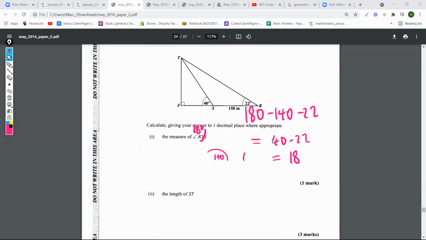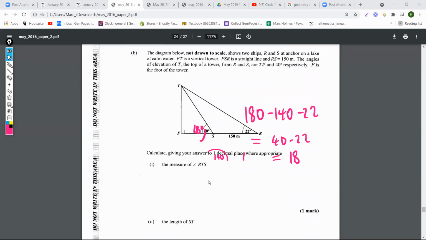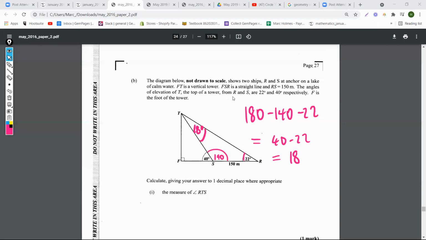So up there is 18 degrees. The next thing they ask us to find is the length of ST. So we'll have to use the sine rule for that, guys. So ST over sine 22 is equal to 150 over sine 18 degrees.